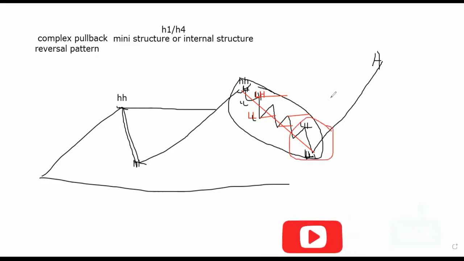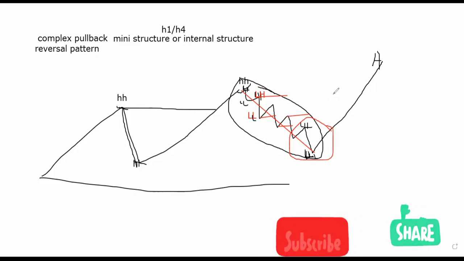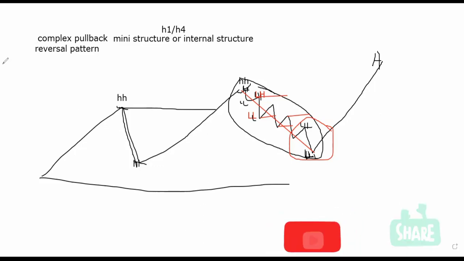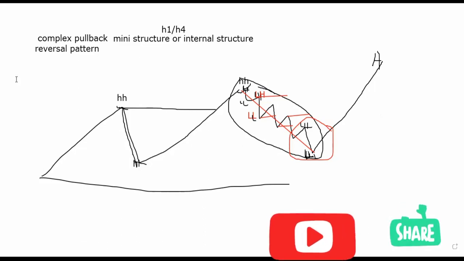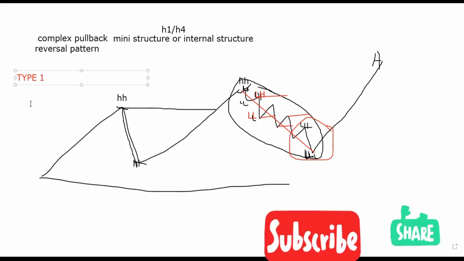And basically for the reversal pattern now, we have two types, if not three. The first one is our type 1. Do I need to write it out? Yes. We have our type 1, and your type 1 is just something like this.